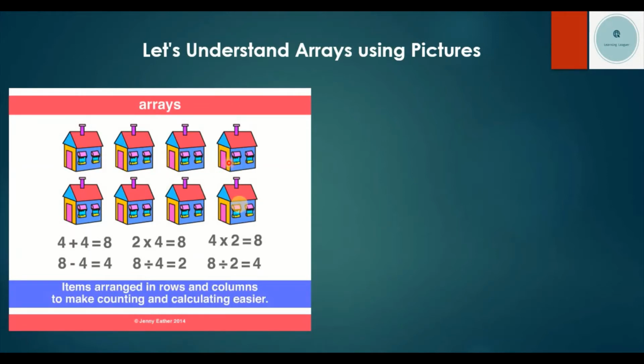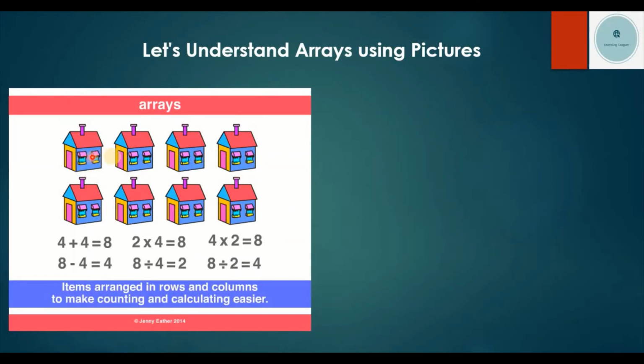How many houses are there? Yes, there are 8 houses. Are all 8 houses in the same line? No. How many lines do I have here? I have 2 lines. Each line we call a row. So how many rows do I have now? I have 2 rows.